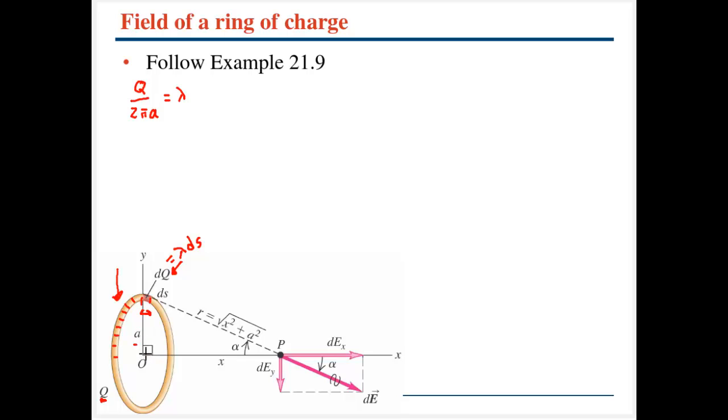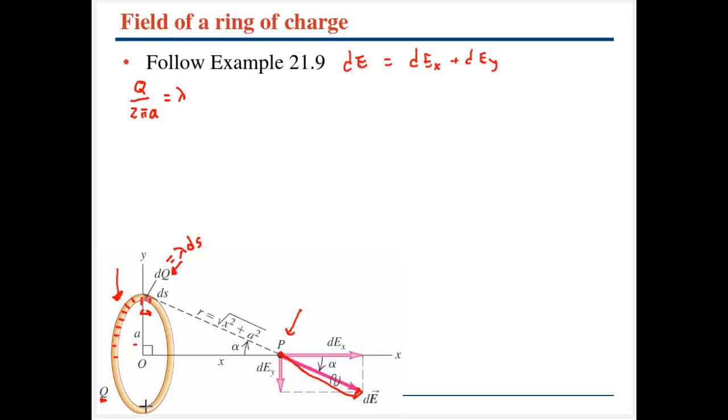How much electric field am I going to feel at some point P? Well, you can see we've drawn this little tiny electric field. We're calling that dE, and that's going to have two components, dEx and dEy.